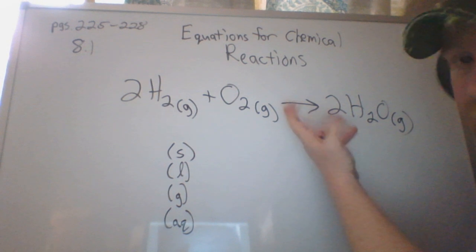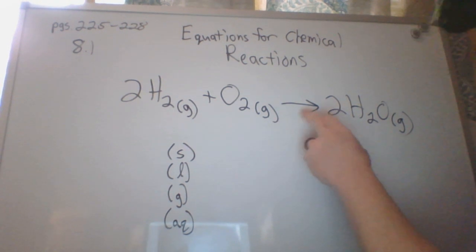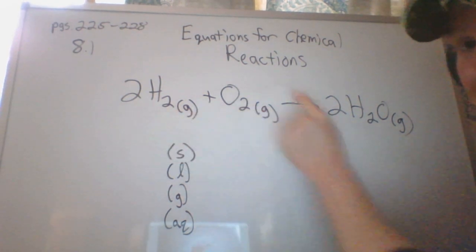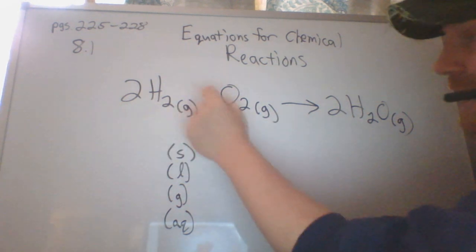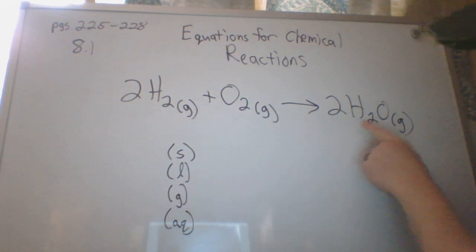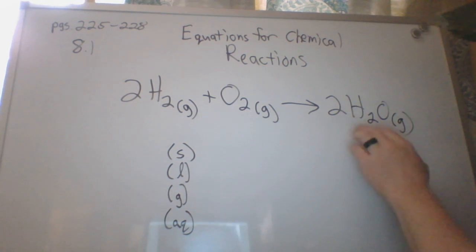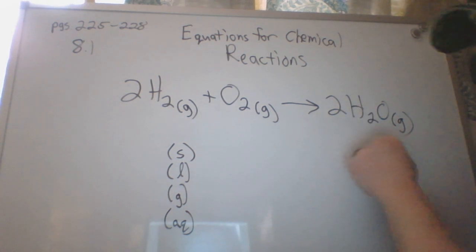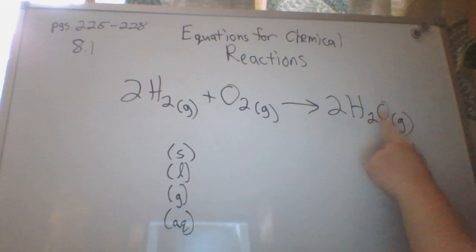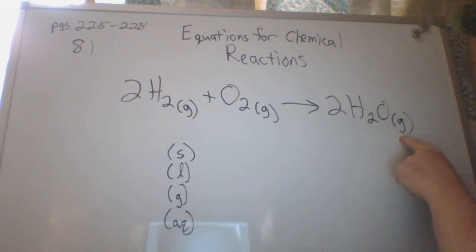Then we have a yield arrow, what the reactants are producing. What the reactants combine to form are called the products. In this particular equation, there's only one product that is being formed. Most of you recognize it. It's water, but it's water vapor. It's written as H2O as a gas.